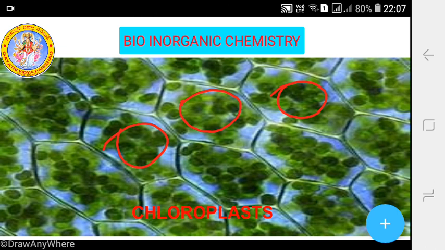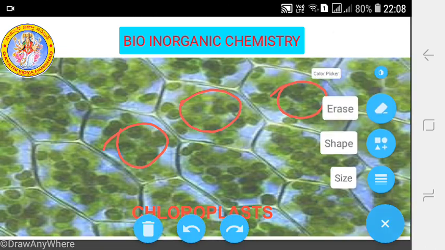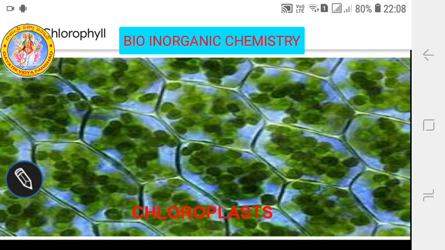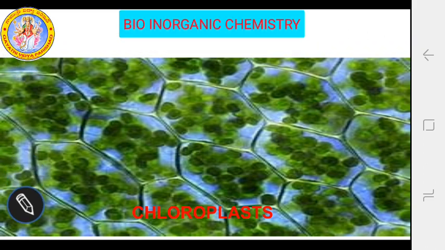These pigments are called chloroplasts, and these chloroplasts contain chlorophyll, and chlorophyll contains magnesium ion as a central ion. So this is about chloroplast.